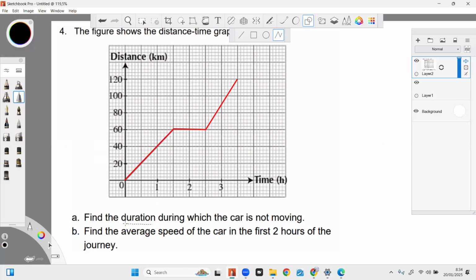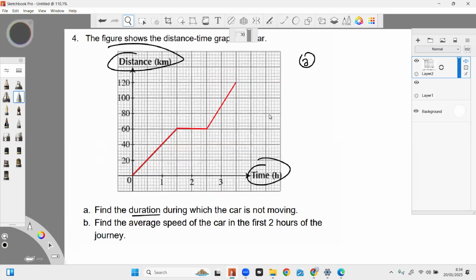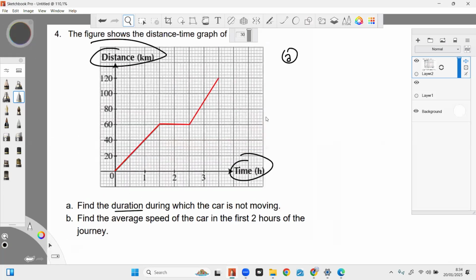The duration means the time which the car is not moving. This is the distance time graph, so be careful. The duration is 1 hour, from here to 2.5.